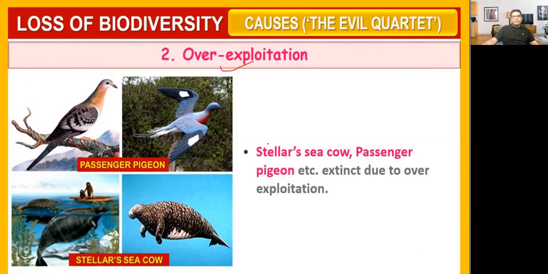Over-exploitation: Steller's sea cow and passenger pigeon. This is the passenger pigeon. They went extinct due to over-exploitation.